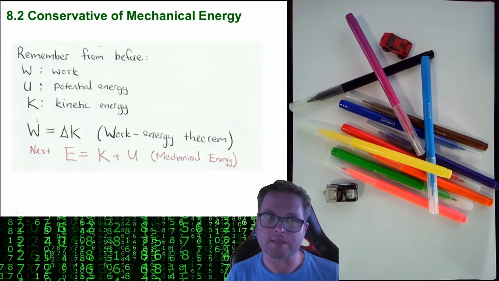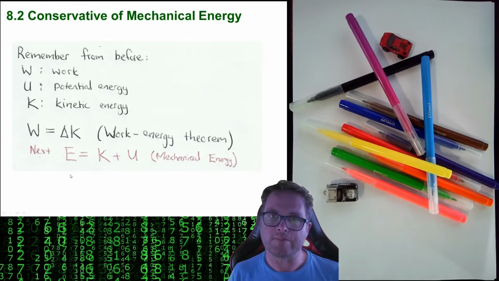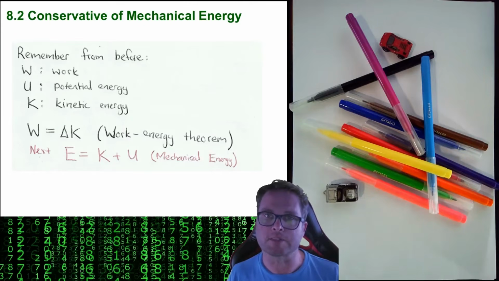And from the previous slide, when speaking about a system, we would like to consider the kinetic energy plus the potential energy, and we call that the mechanical energy. The symbol that we use for that is a capital E. So if you become a little bit confused and want to refer back to what all the symbols mean, this is a good slide to remind yourself of that.